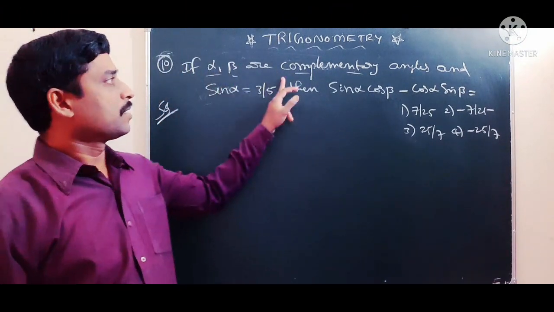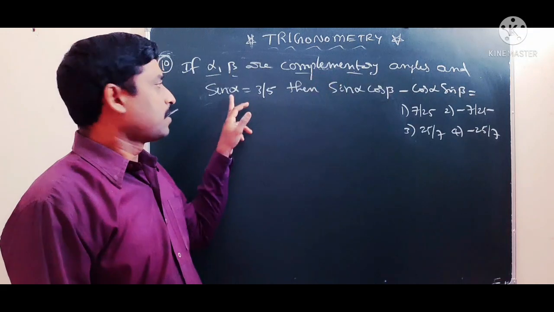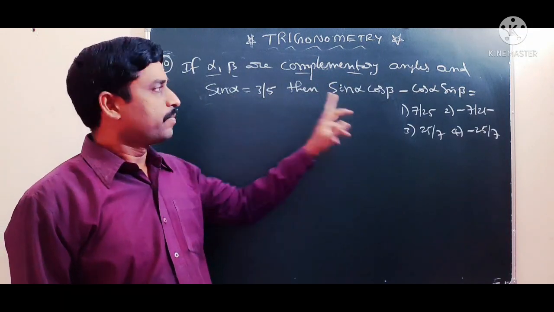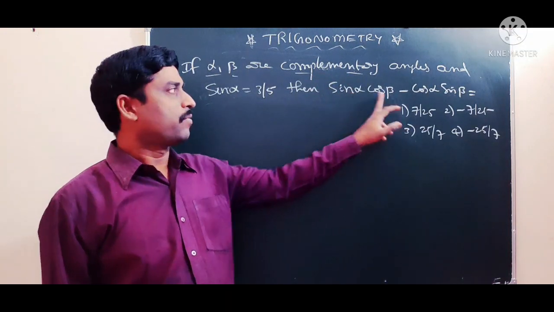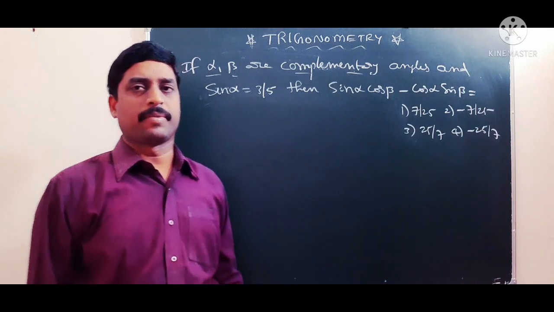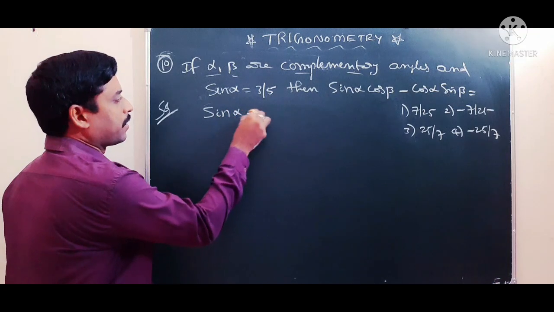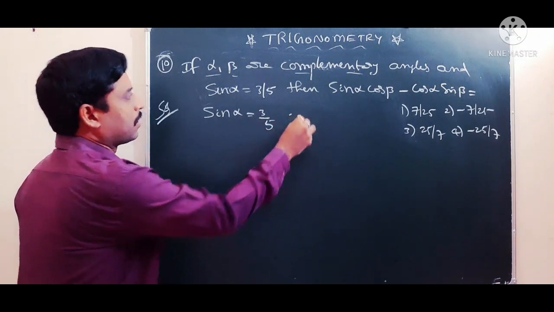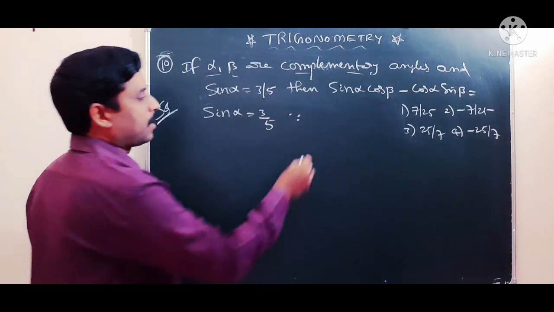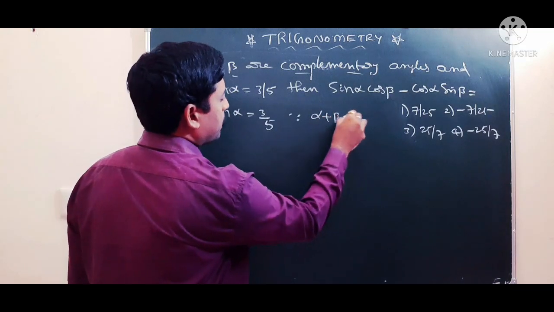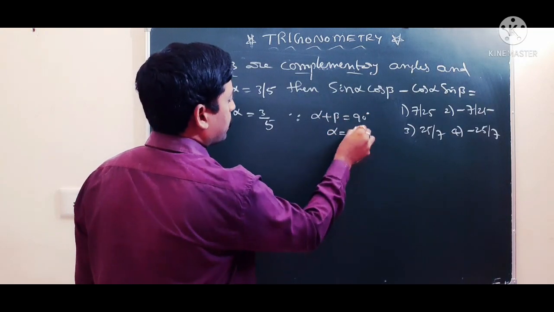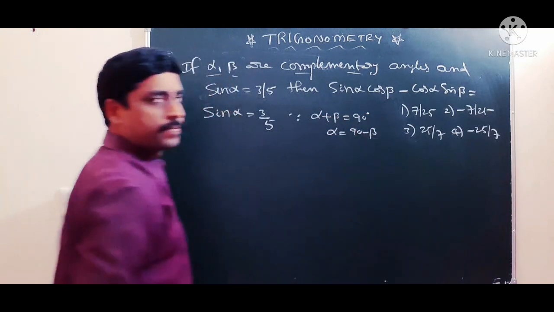Where alpha and beta are complementary angles, sin alpha value is given as 3 by 5. Then we have to find sin alpha cos beta minus cos alpha sin beta. Since alpha and beta are complementary angles, alpha plus beta equals 90. Therefore alpha is equal to 90 minus beta.